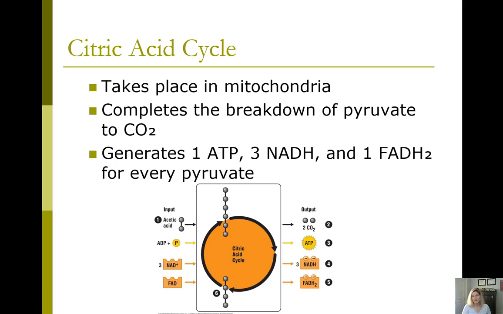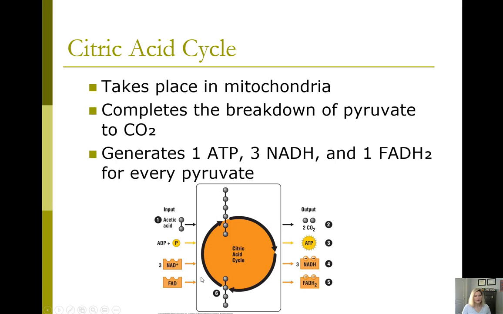So this is taking place in the mitochondrion, and we're completely breaking down the pyruvate to create carbon dioxide. So that's one of the byproducts of cellular respiration, right? We're taking glucose and oxygen, we're creating carbon dioxide, water, and ATP. So you can see this acetic acid, well, it's the acetyl-CoA, the CoA part, the coenzyme, has broken off, and then basically this acetic acid is going to join this 4-carbon chain that's already part of the citric acid cycle.